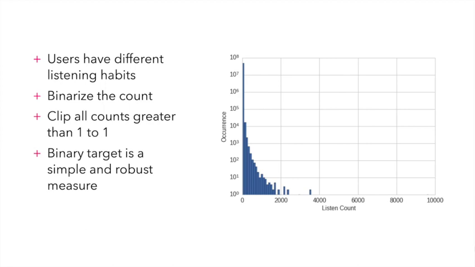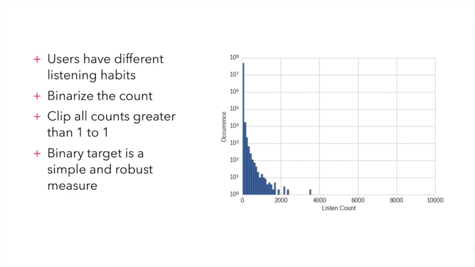You can see the figure here. So this is the listen counts versus the occurrence. As you see, more than 10,000 triplets have greater counts, with a few in the thousands.